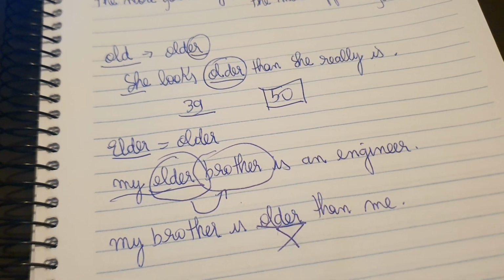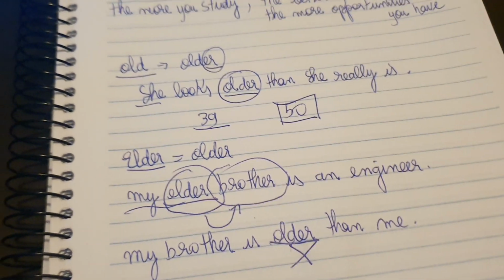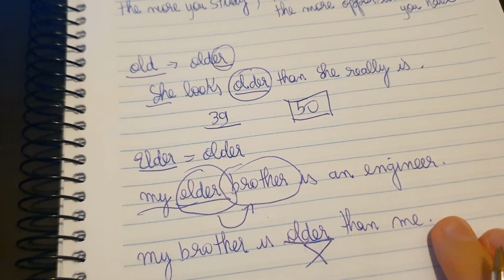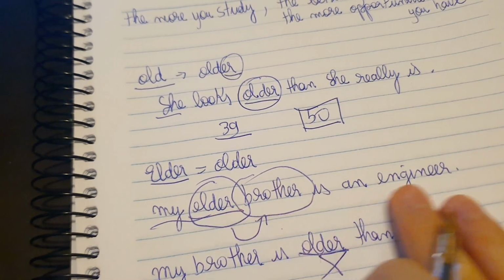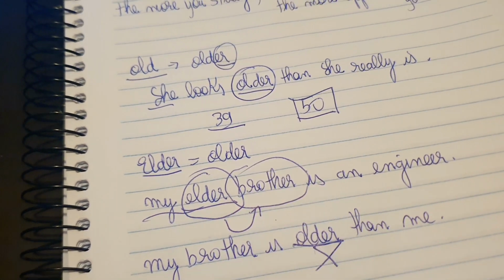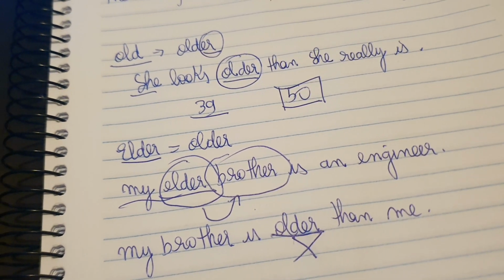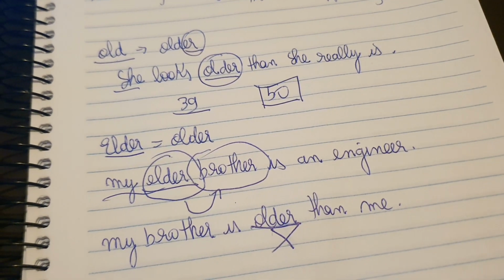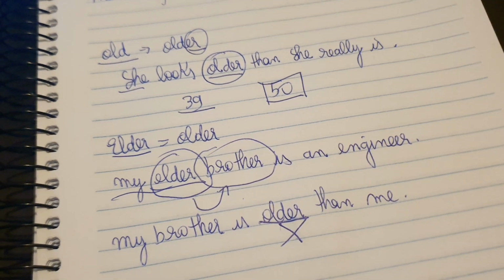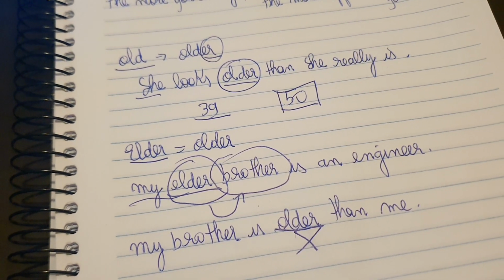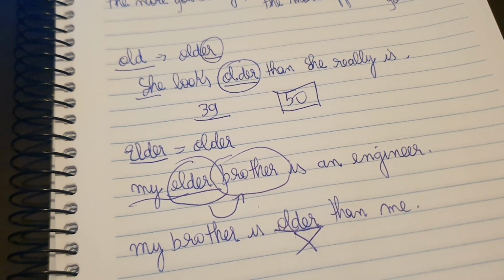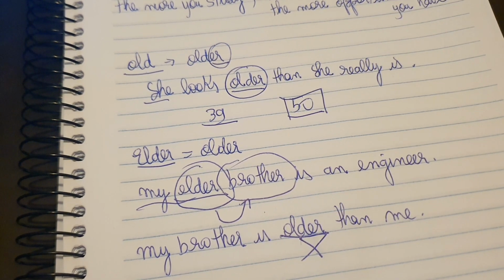You don't say my brother is elder than me. No. The only way of using the word elder is like this. My elder brother, my elder son, my elder daughter, my elder sister. Okay? I hope you understood it. It's very straightforward. It's no big deal.